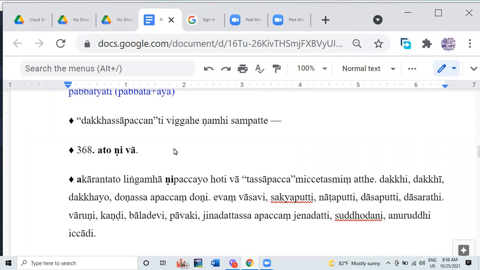Ado, how is it elaborated? Agarantato lingama. Ado agarantato lingama. So after the noun, after the stem ending in a, ni pajayo, wa.